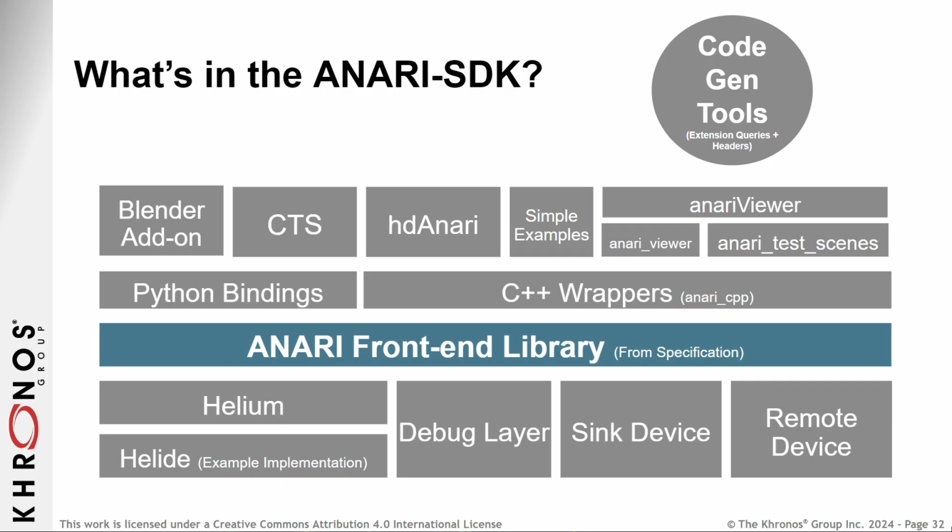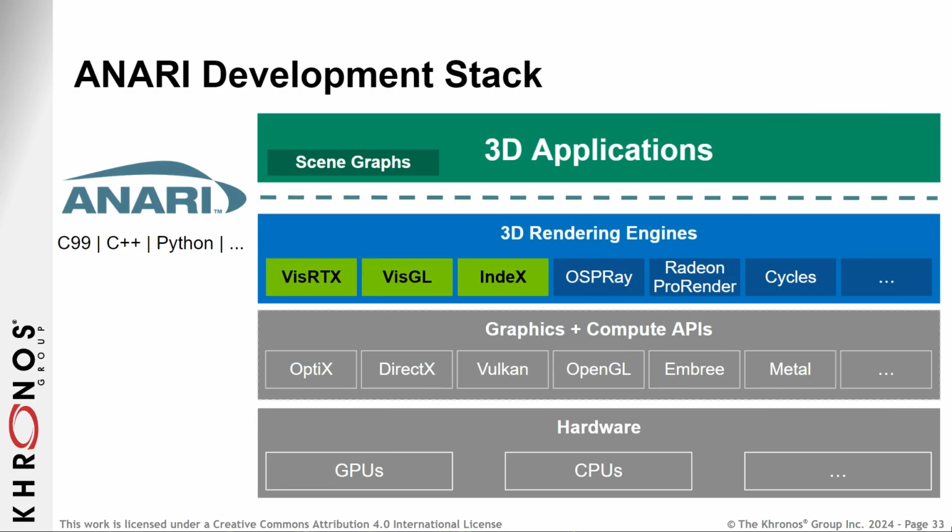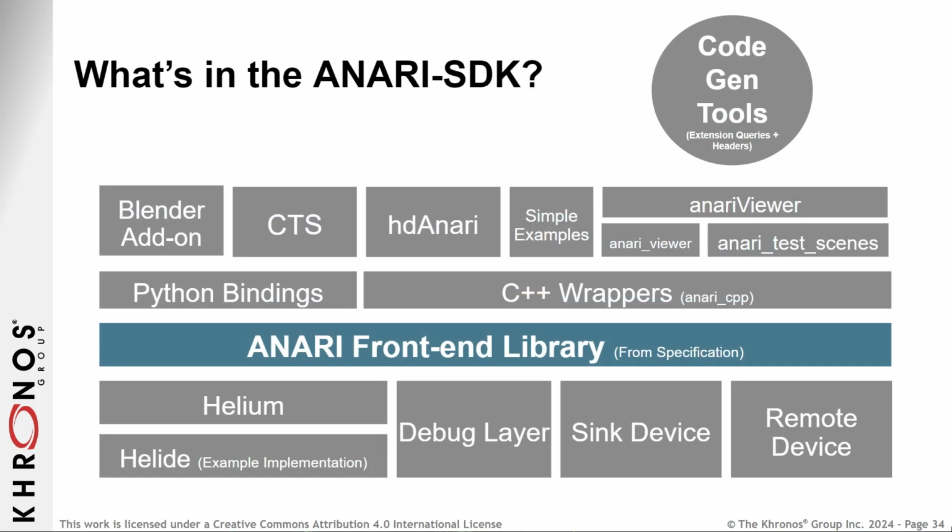This stack roughly shows what lives below and above the API, but when you look at the specification, you're looking for libAnari, this is the thing that you're after. And it's just a normal CMake project, so you can turn everything off and only build this if that's what you're after. Where you're at in the stack is libAnari, which is what the dotted line is there. So that's the front-end library.